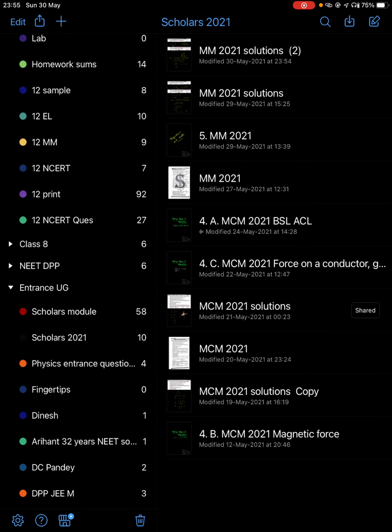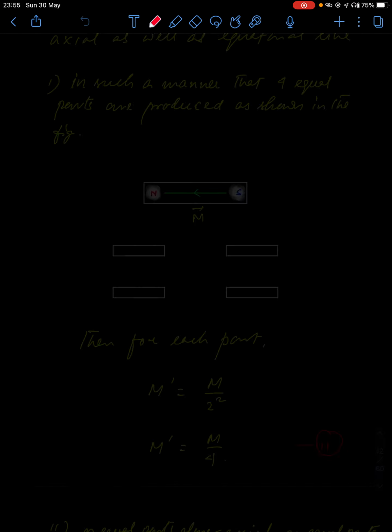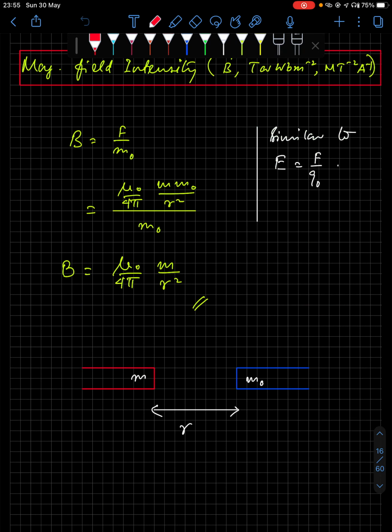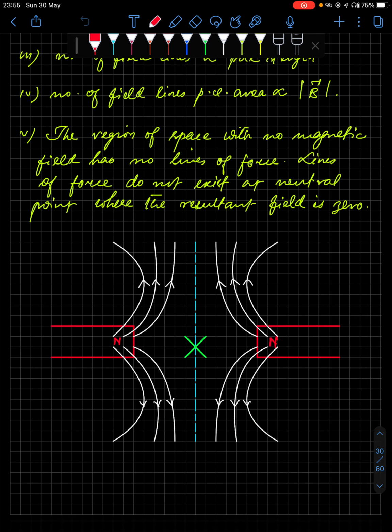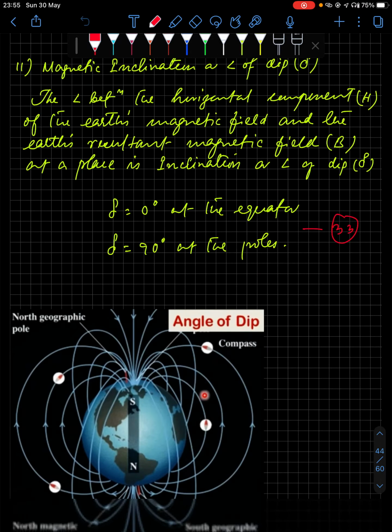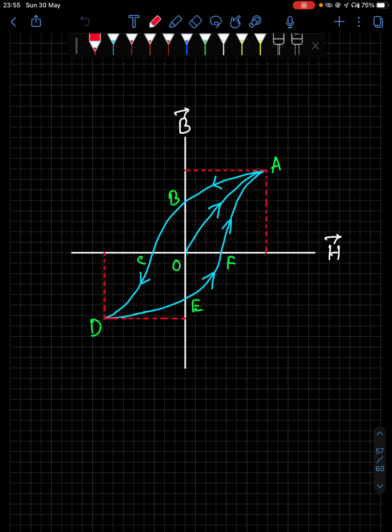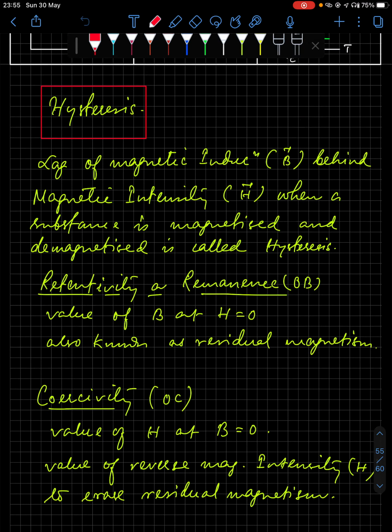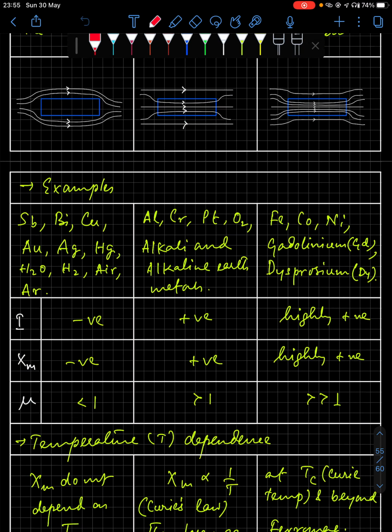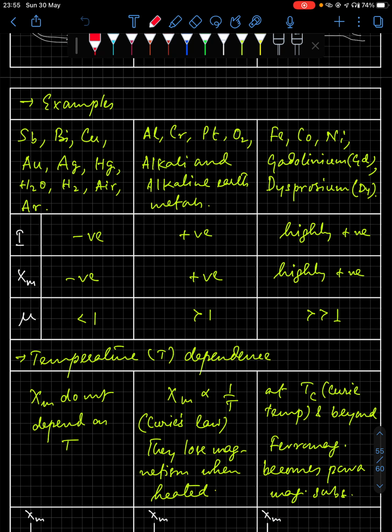Let's check the theory once for this particular question. Permeability is less than 1 for diamagnetic, greater than 1 for paramagnetic, and much greater than 1 for ferromagnetic.